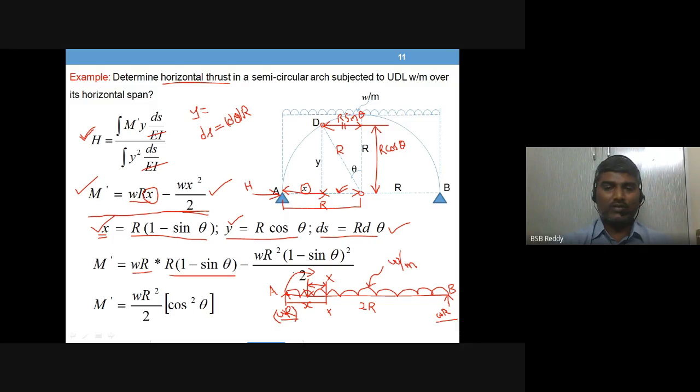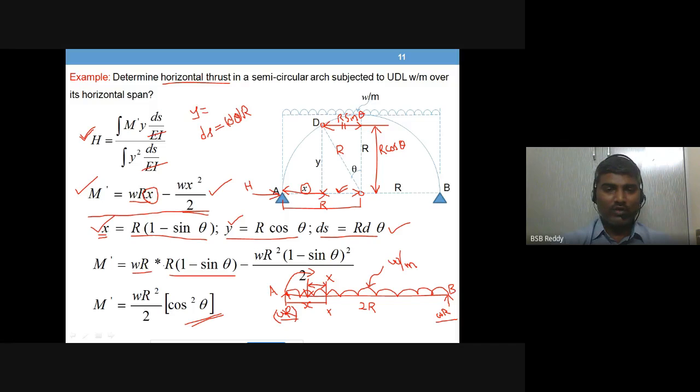It is wr square by 2. Now by simplifying, wr square by 2 cos square theta will be the final form. You need to simplify a little here. So you have wr square and wr square by 2 term.